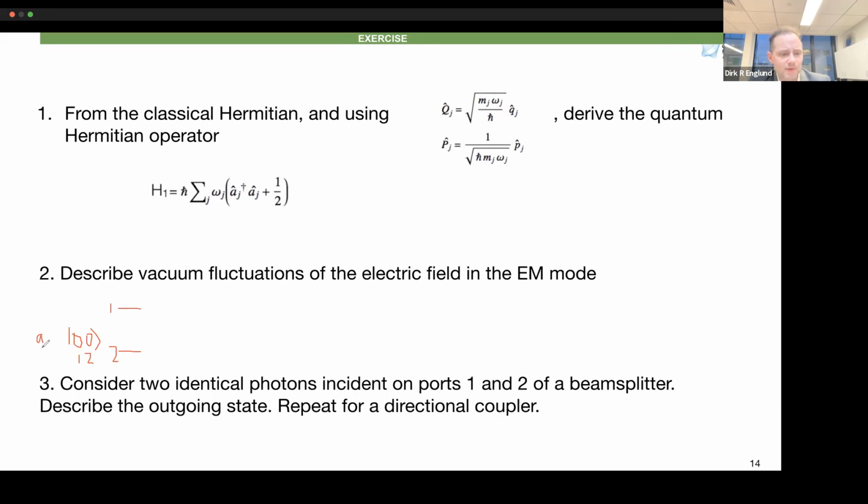Well, we start with a vacuum state and we apply the raising operator, A1 dagger, to put 1 photon into mode 1, and we apply A2 dagger to put 1 photon into mode 2. Now these fields go through the beam splitter, and what we want to find is the outgoing state. What is that equal to?